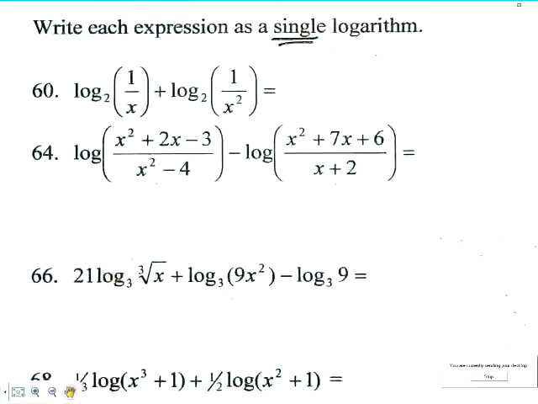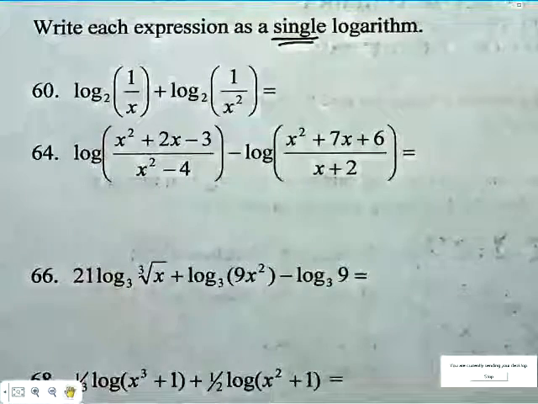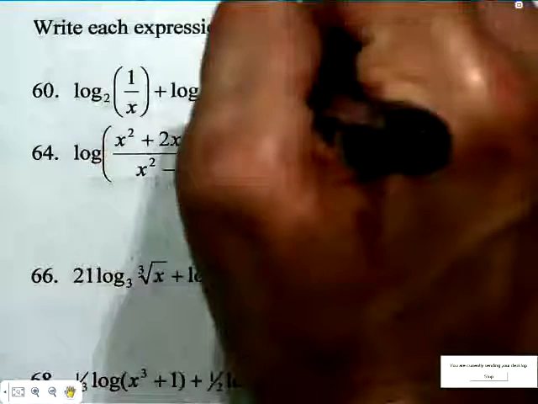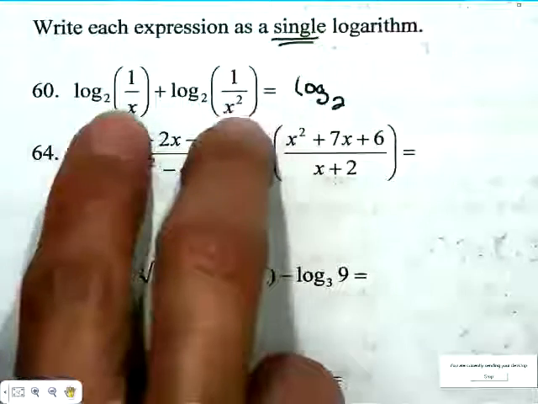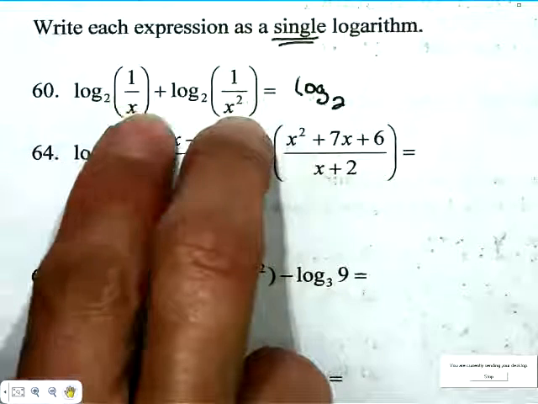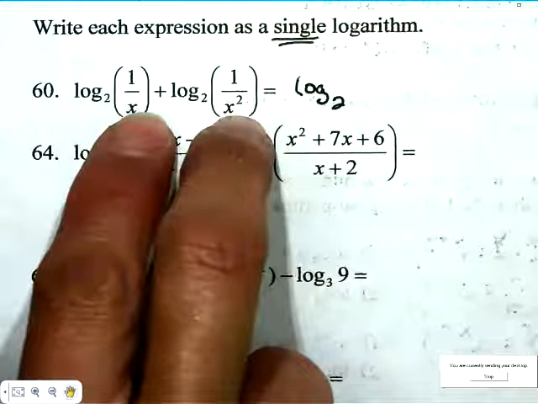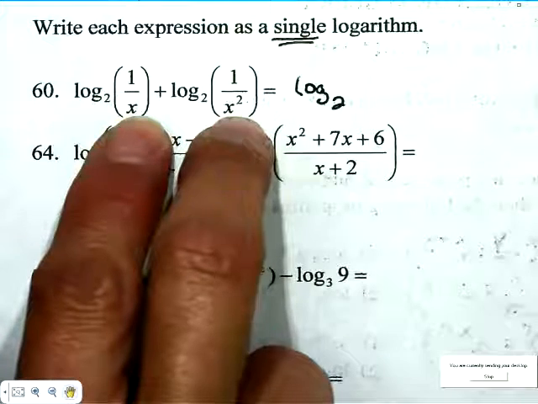That means your answer should only have one log in it. I could put that back together by adding the arguments, subtracting the arguments, multiplying the arguments, or dividing the arguments. Which one?